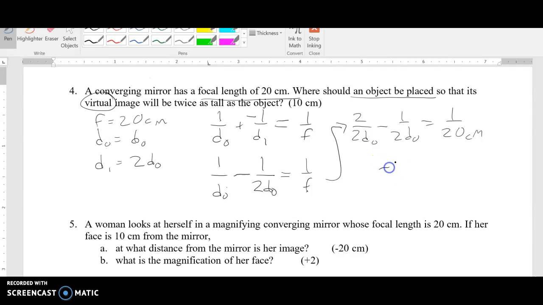So when you do this, you end up with 1 over 2 dO equals 1 over 20 centimeters. You can do the math. So 2 times dO equals 20 centimeters. Therefore, dO equals 10 centimeters.